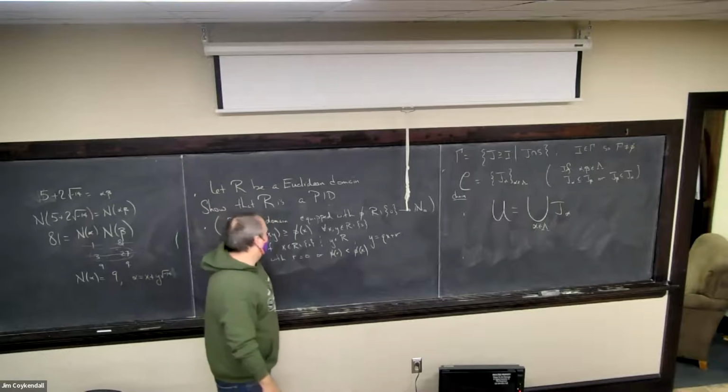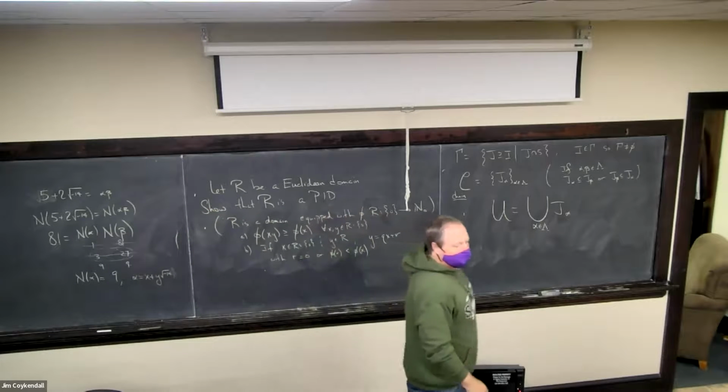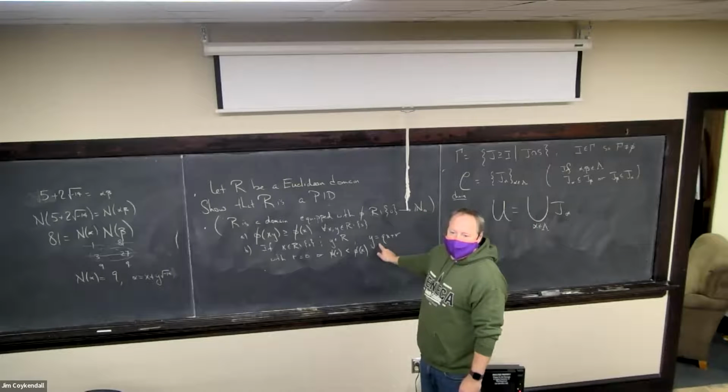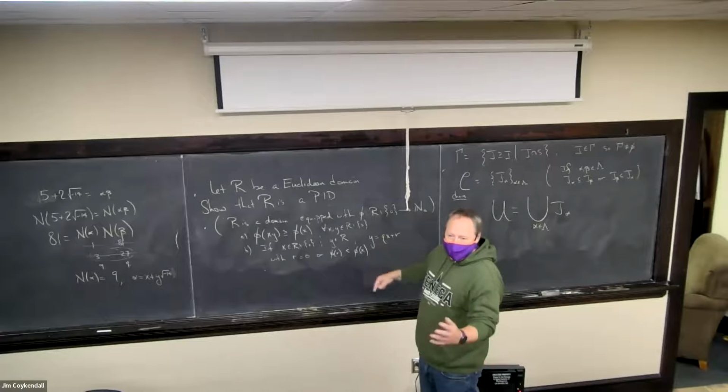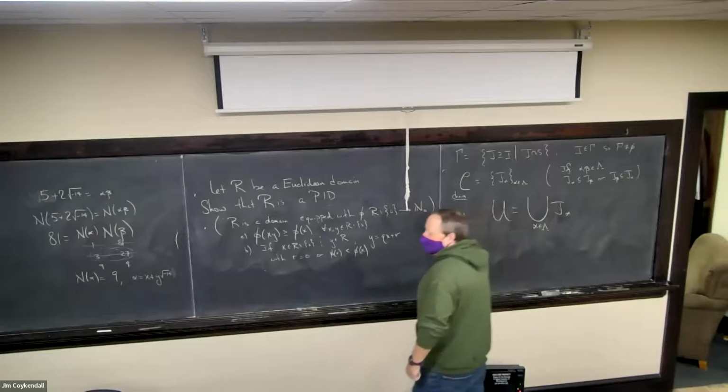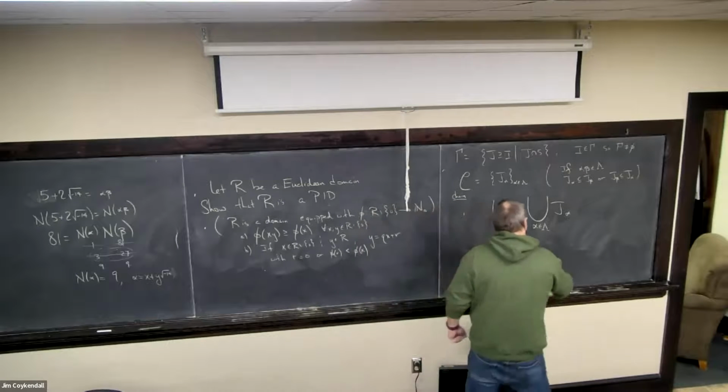So what it means to be a Euclidean domain is basically you've got this little division algorithm like you used in grade school, where you can divide something by 19 and get a little remainder that's smaller.